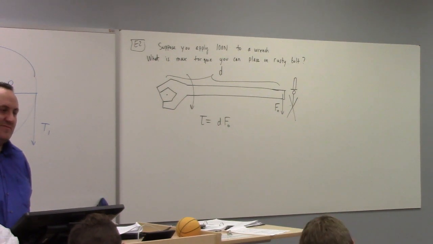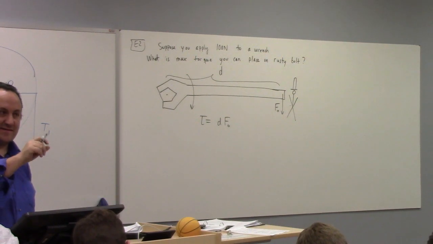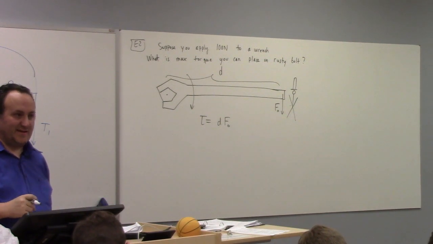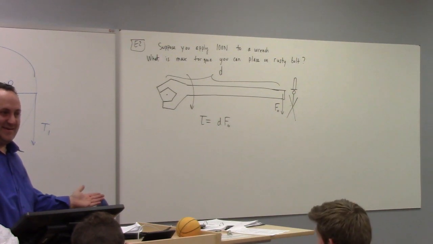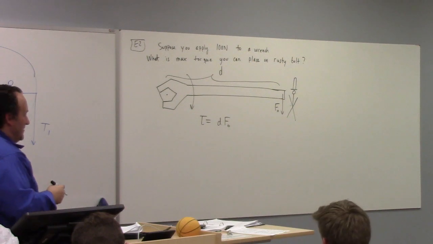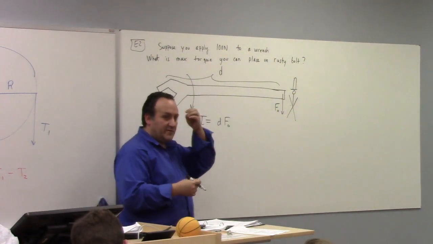This is why, if you pay attention to people with big trucks, they don't try to loosen the nuts on the hubs with a little wrench. They've got a 6-foot one, because you can multiply the force essentially by having a longer arm. So it's a force multiplier.